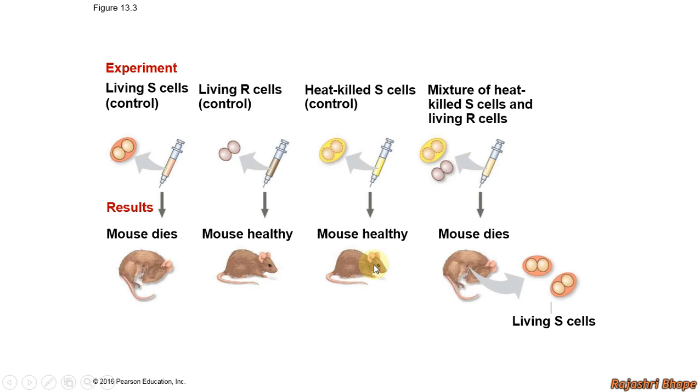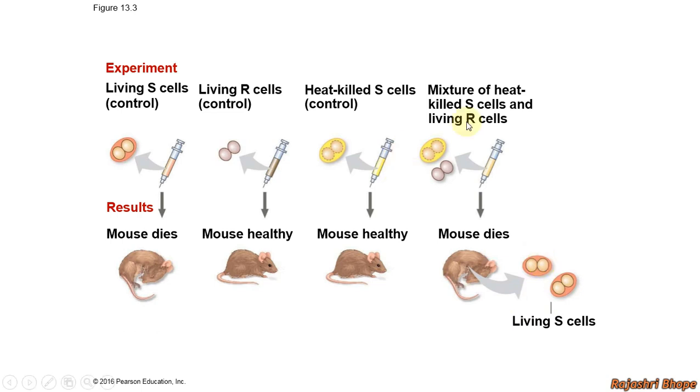The mouse does not die. And then he used a mixture of heat-killed smooth bacterium with the live rough cells. Both are mixed and injected into the mouse. The mouse dies. And then he found in the dead mice the strains of smooth Streptococcus pneumoniae. Now how is this possible?